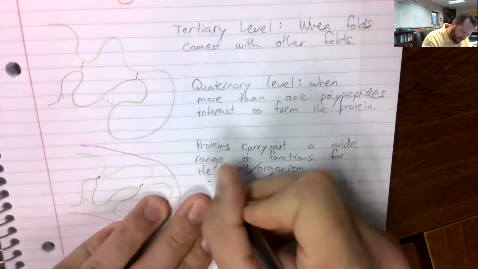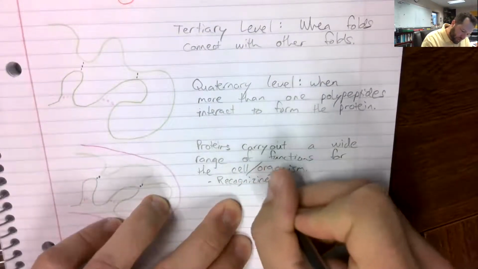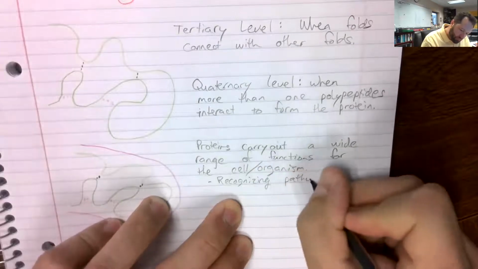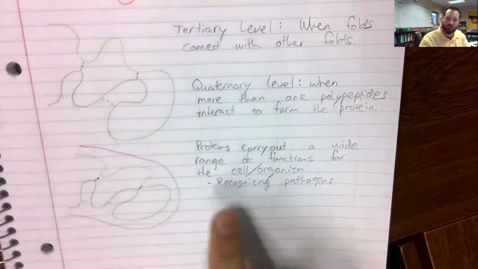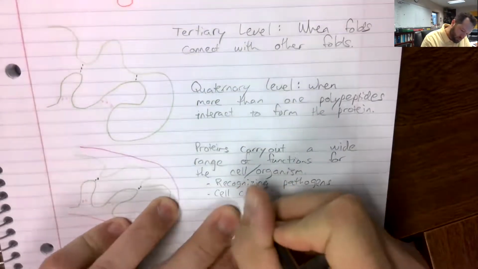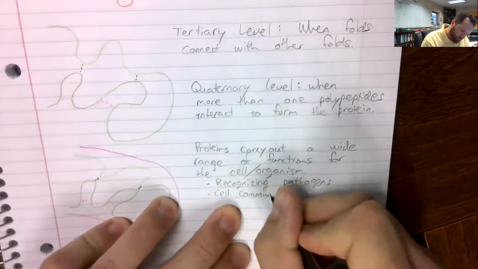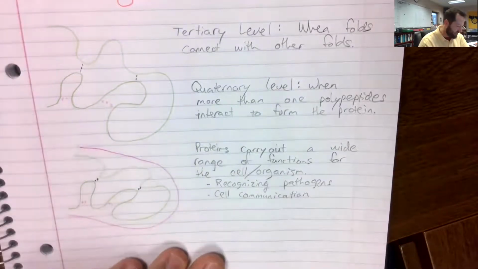Some of the things they do, they are in charge of recognizing pathogens. Those are basically any foreign body, whether it be bacteria or viruses. They do a lot of cell-to-cell communication.